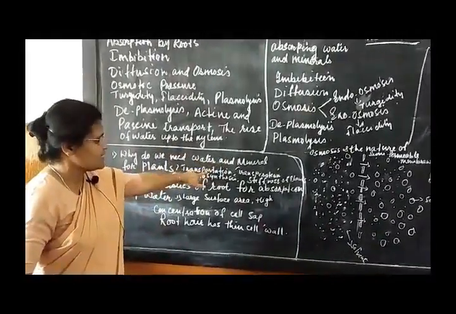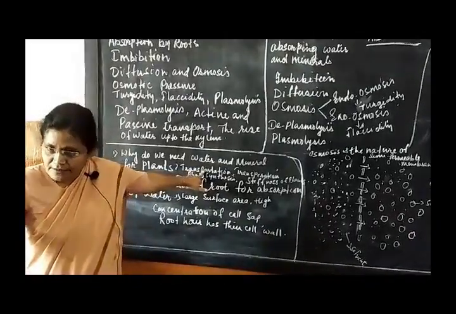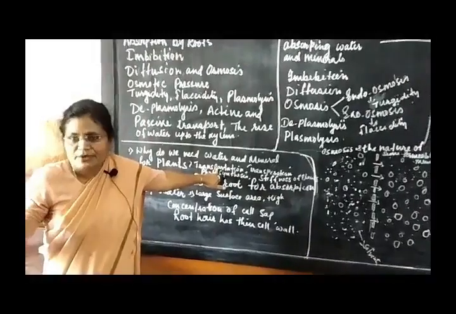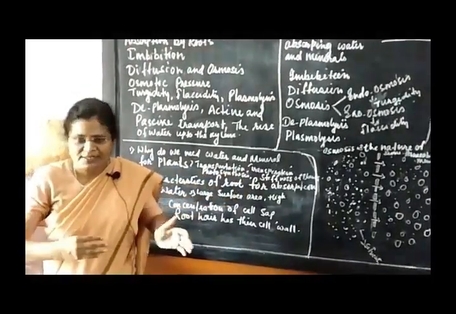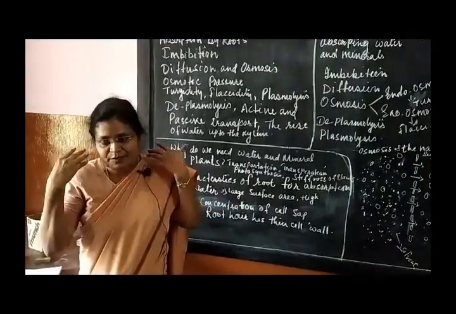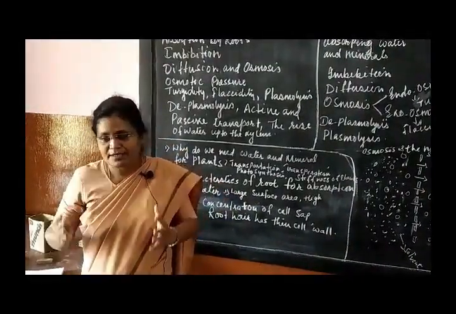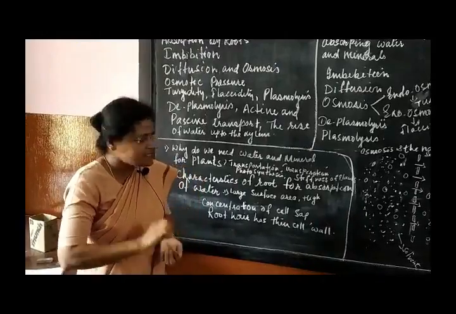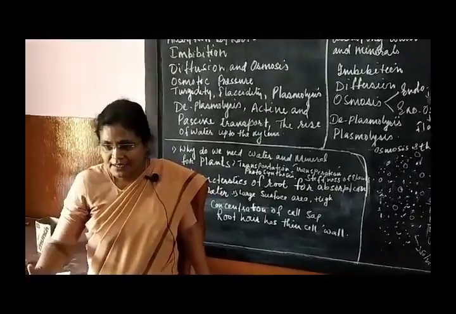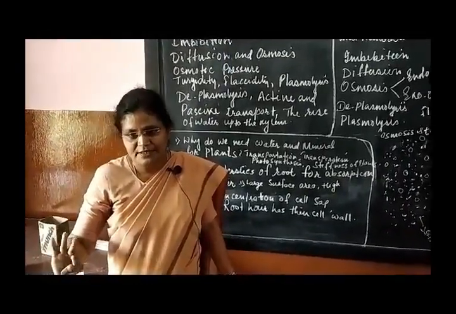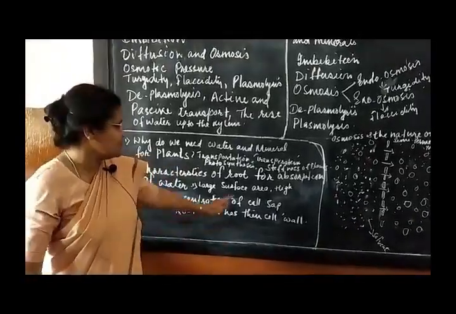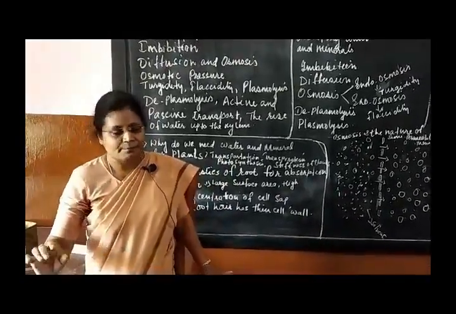Number one, for transportation of the food prepared by the leaves to different parts of the plant, as well as transportation of water and mineral ions and salts to different parts of the plant for various metabolic activities. All these substances are transported through the medium, that is water, which is absorbed by the plant.